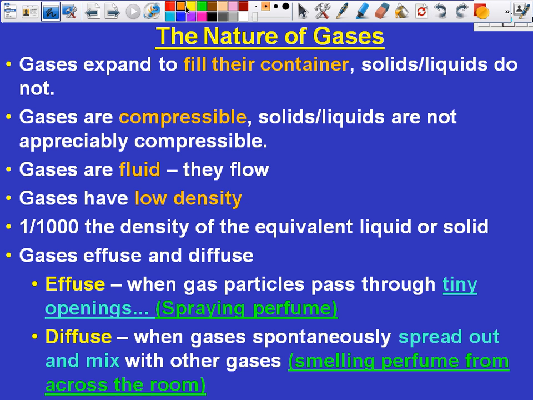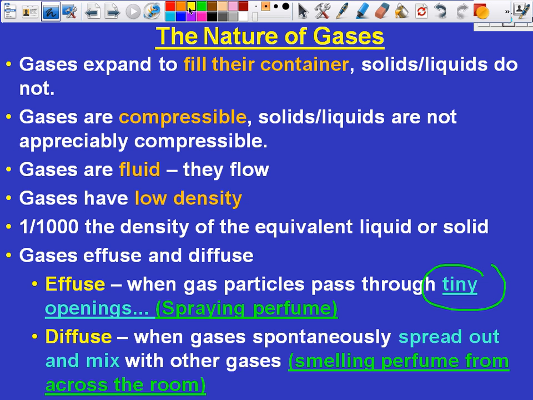And there's 2 other topics. We're going to get to this way later in these notes. But gases effuse and gases also diffuse. Now, what does effuse mean? Basically, the definition of effuse is when a gas will pass through a very tiny opening. Well, think about this. If you're spraying cologne or perfume, as soon as it exits that little bitty hole, that's what your effusion is.